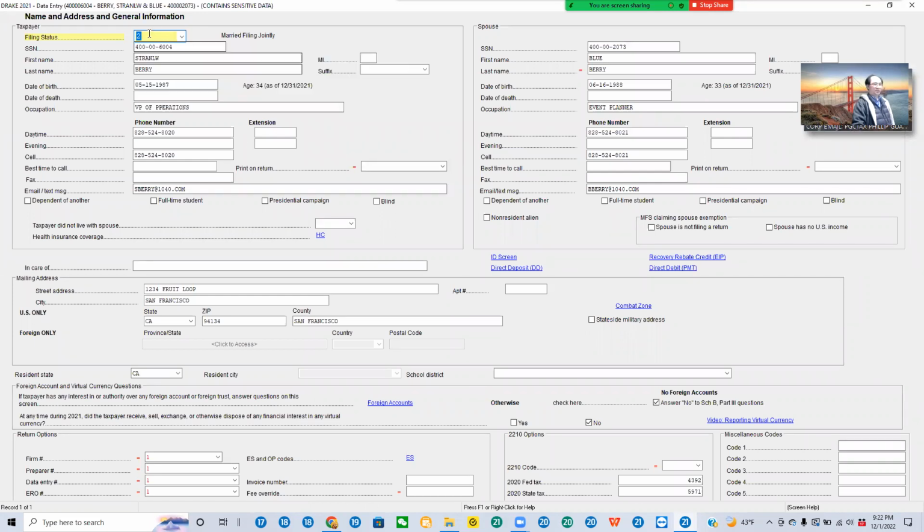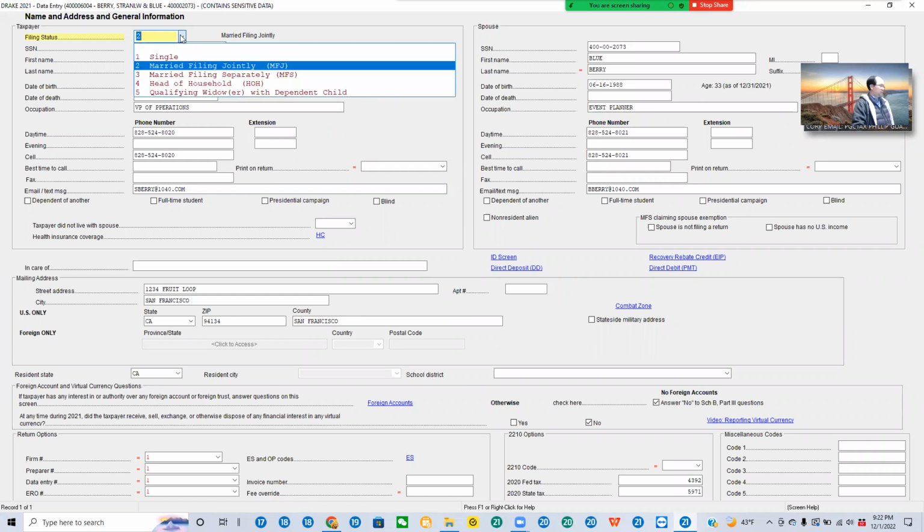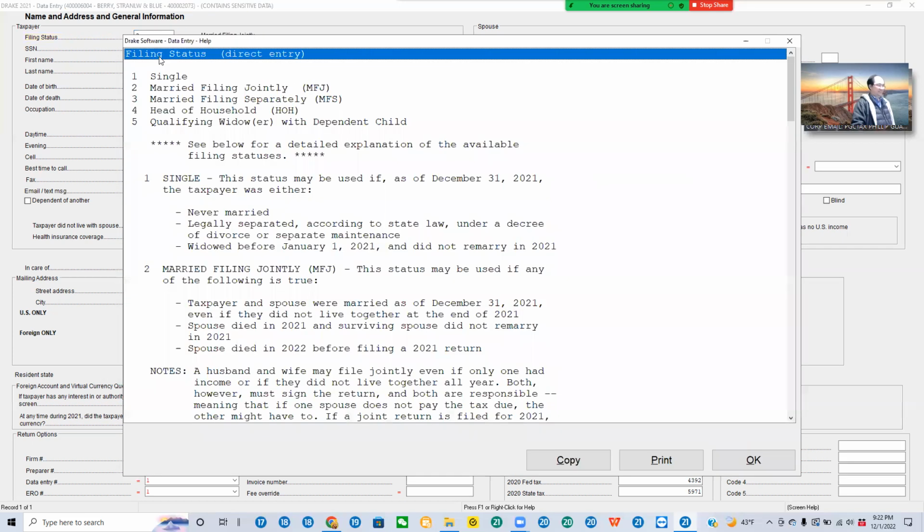So if I would like to know more information about which one I should choose, 1 to 5, Samantha, what should I do? Samantha, the answer is you hit F1 on the top of the keyboard.